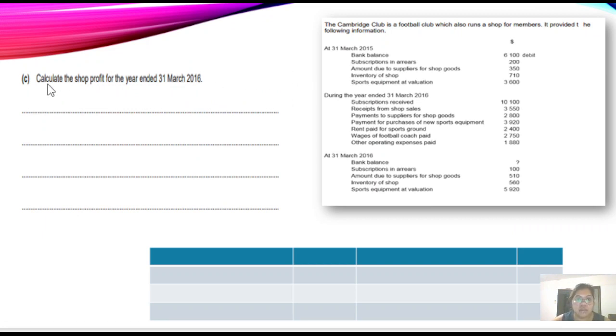Okay, moving forward to the next C part. In this part they want you to calculate shop profit, because they run a shop for their members. Okay, so how you're going to calculate the profit? First of all, you need to know what is your revenue or your sale. Okay, from revenue you need to deduct cost of sales. And how you're going to calculate cost of sales?